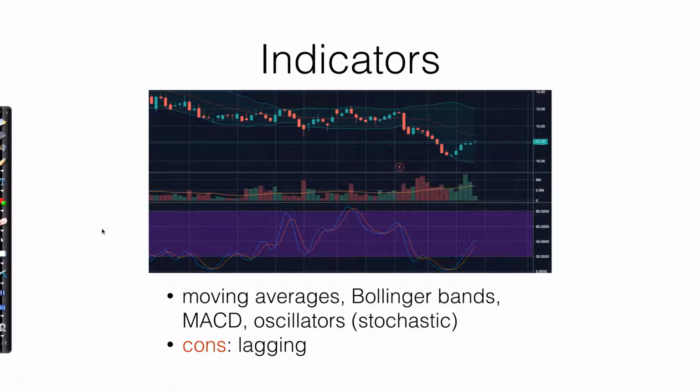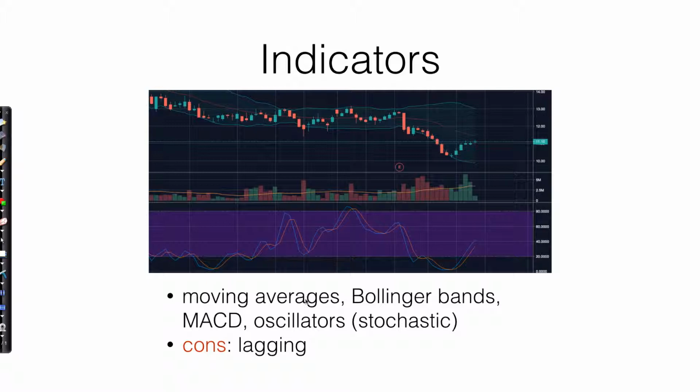But to use them in order to identify possible take profit levels, to me is not a good idea. Why? Because they are lagging. They are based on the previous data. And this is not, in my opinion, good.